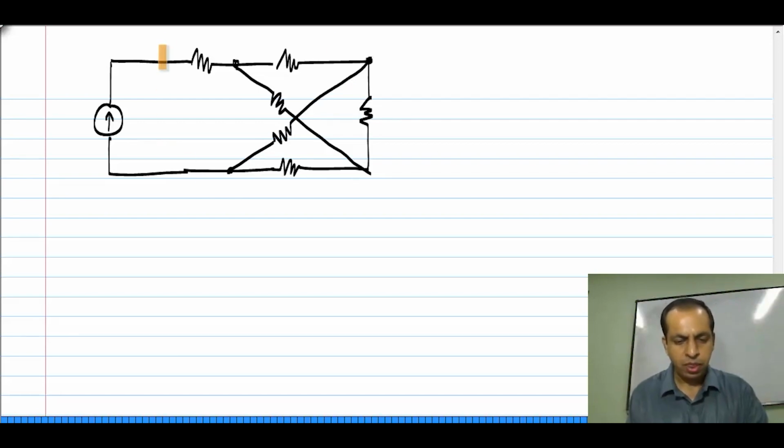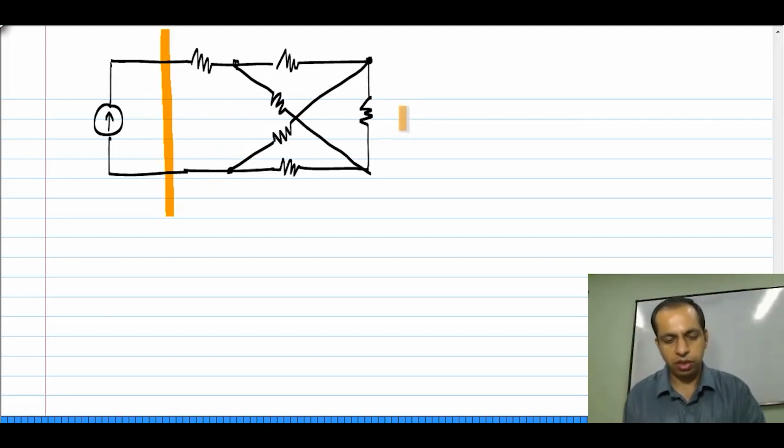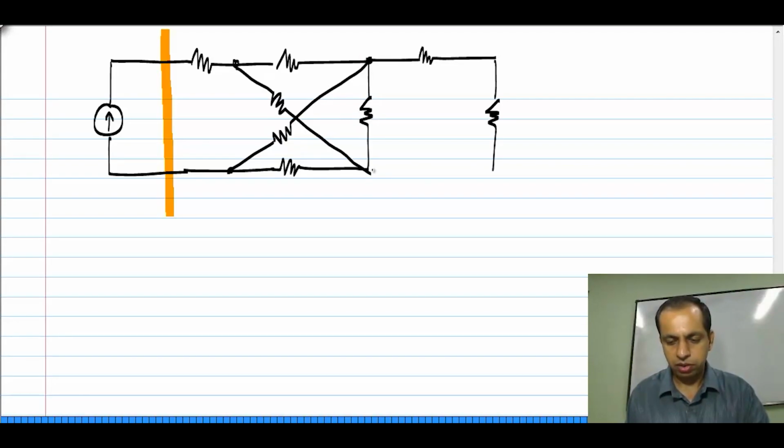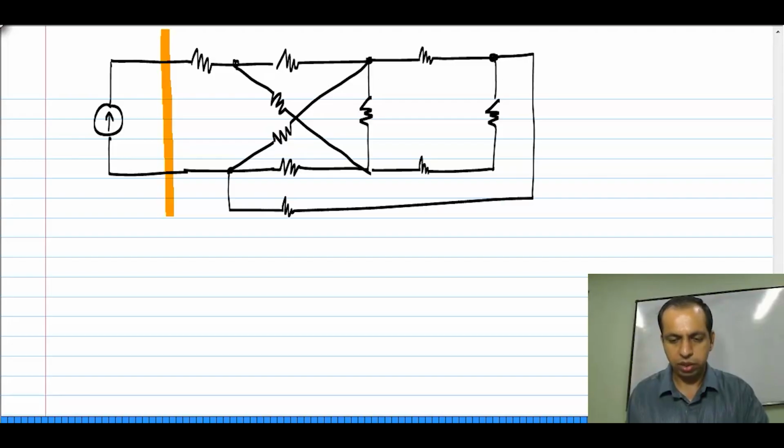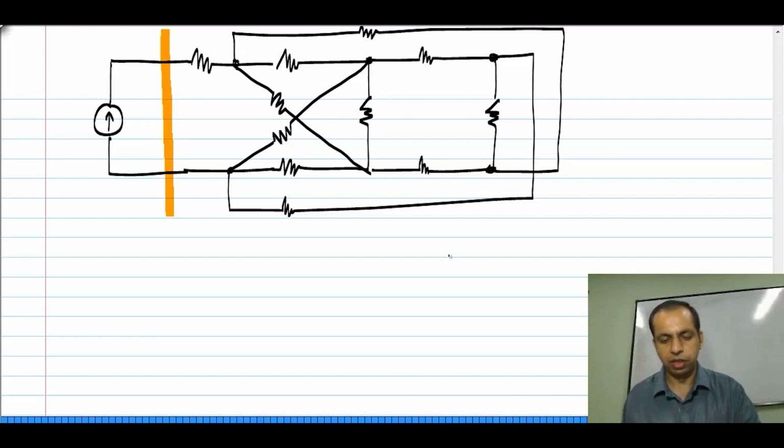Okay. Then even finding the equivalent resistance that appears across the current source can involve a bit of analysis. So, in these cases, it is probably better to just use the systematic analysis approaches. Okay. So, for instance, you can have even more complications. Okay. So, then even to find the resistance here, you have to resort to systematic analysis approaches. So, you may as well find everything using systematic analysis.